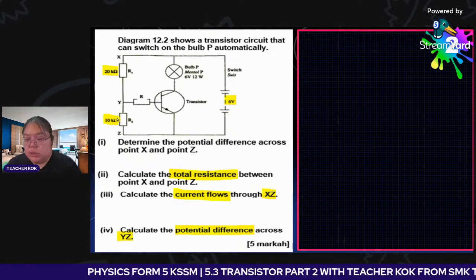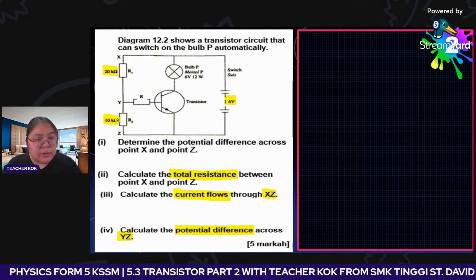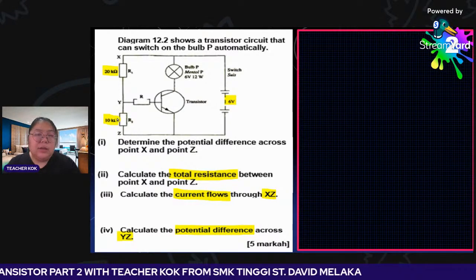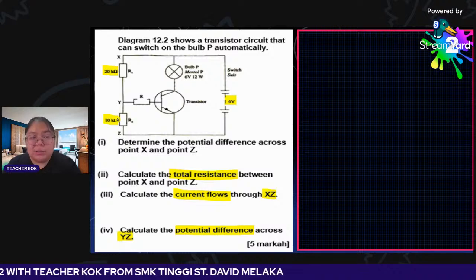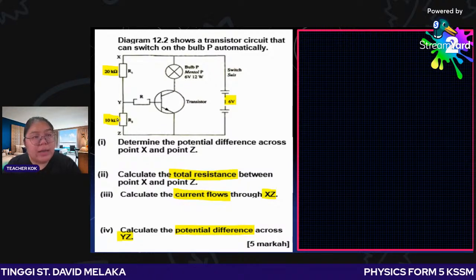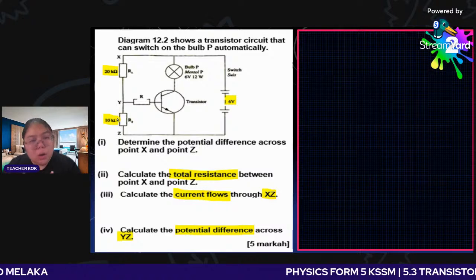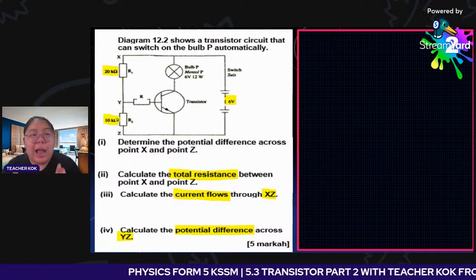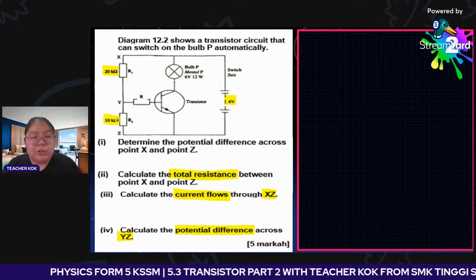Okay, if you understand this question, actually you know the answer. The keyword is voltage divider. Now they ask you X to Z, that means the whole bar. They never say separate, the whole thing. How many voltage?